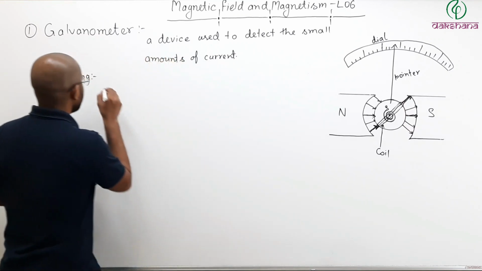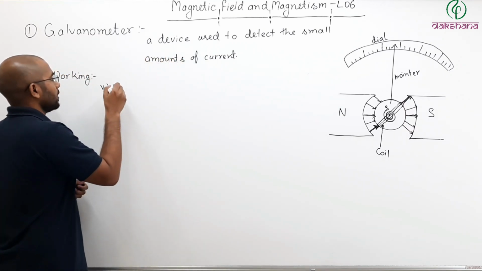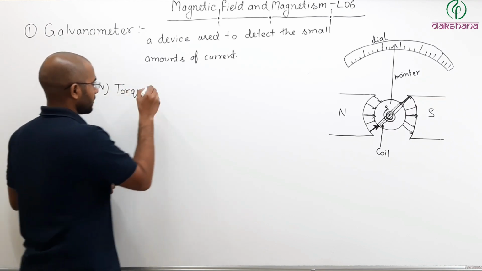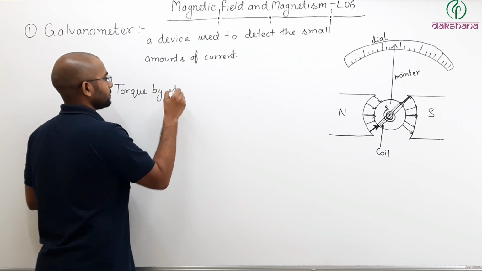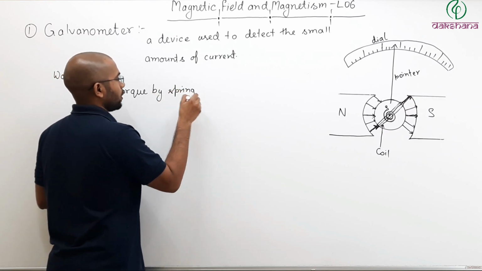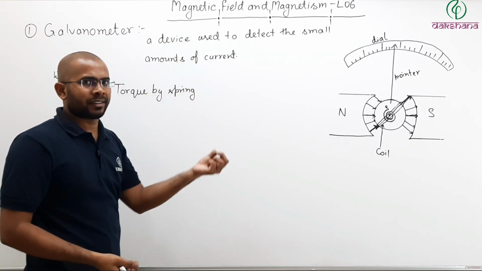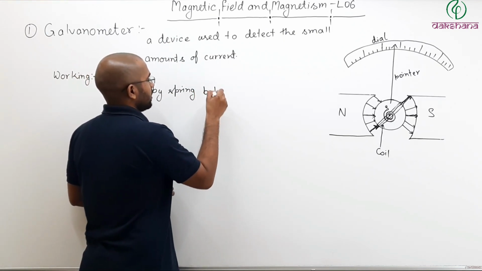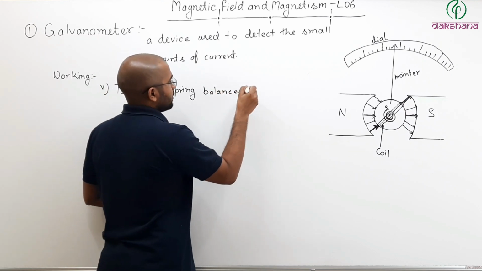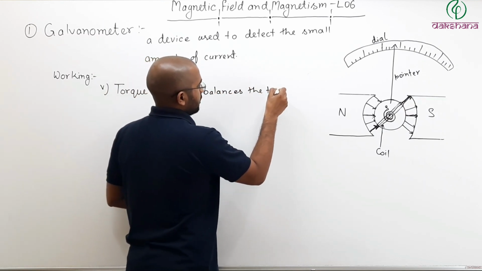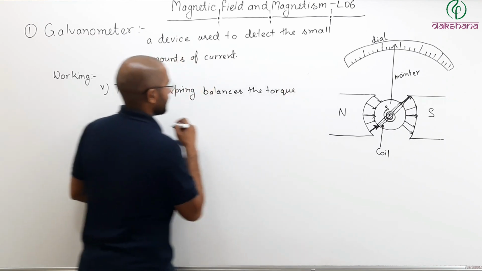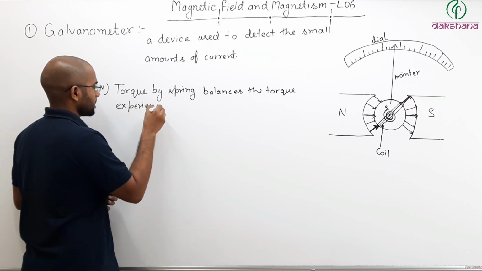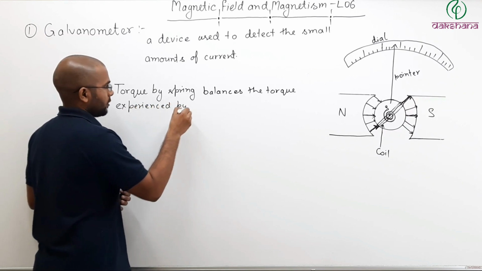So here you can write: torque by spring, or in some books it is written like a long thread or wire, no problem, torque by spring balances the torque experienced by the coil.